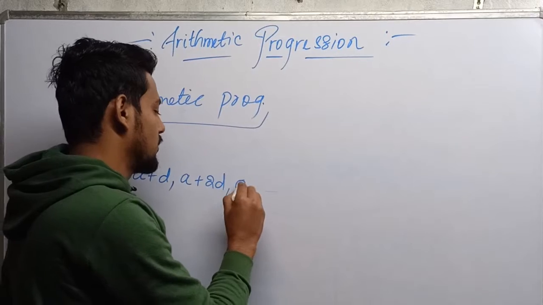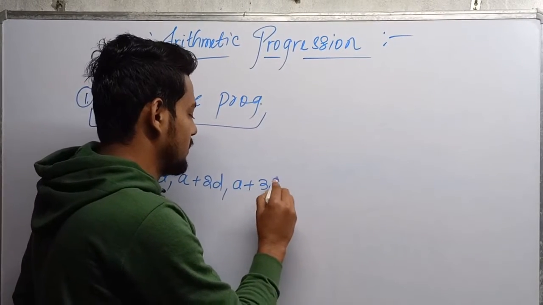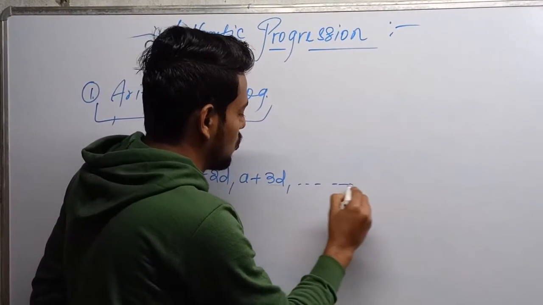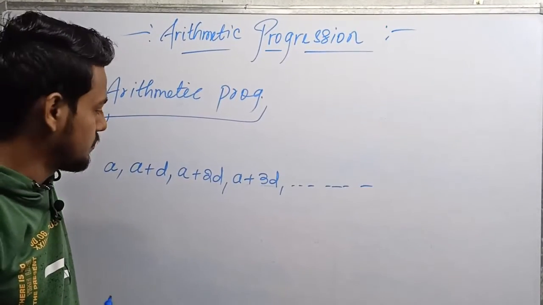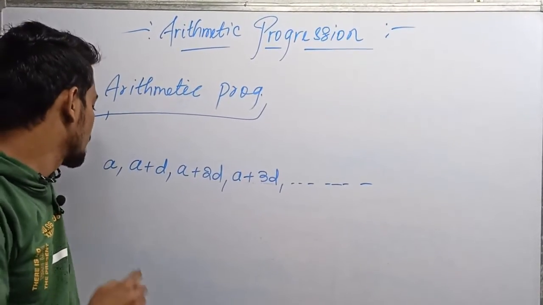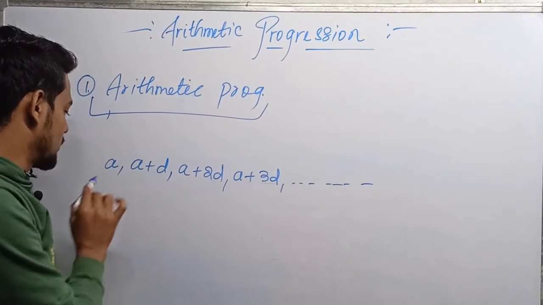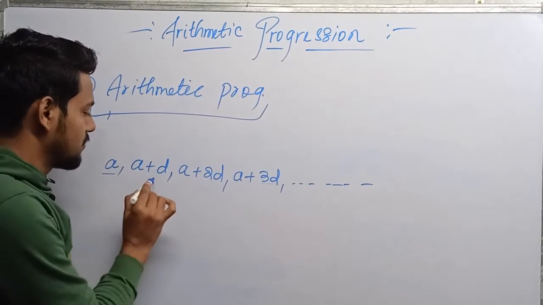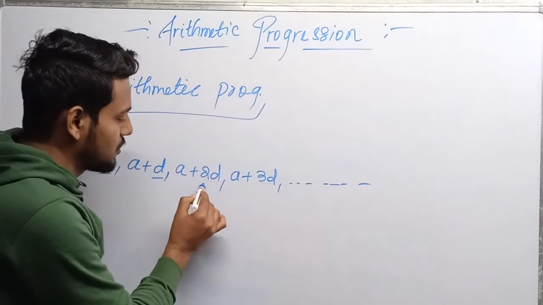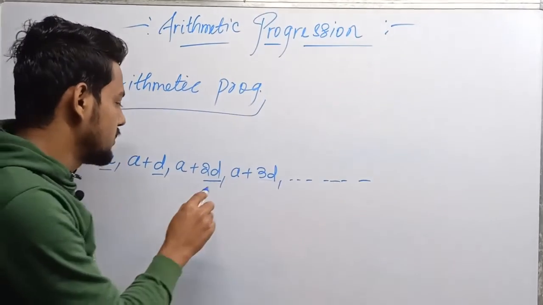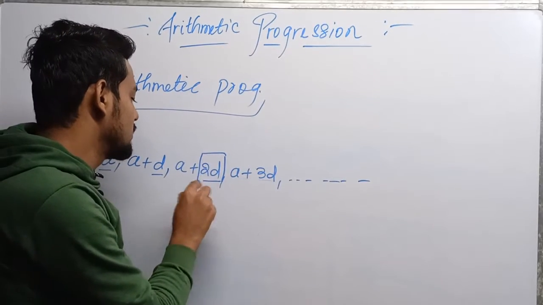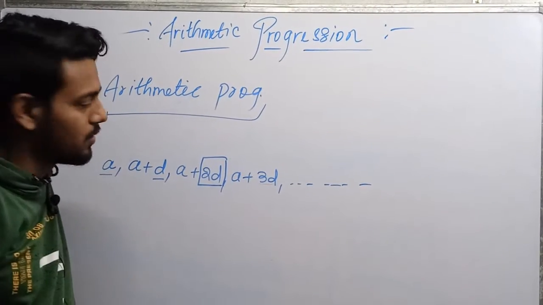The fourth term becomes a plus 3d, and so on. If we want the nth term, we can observe that the multiple of d is always 1 less than the number of terms.